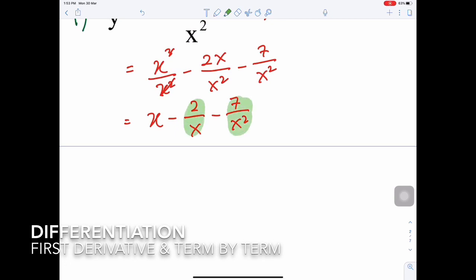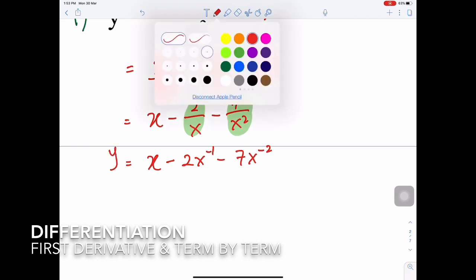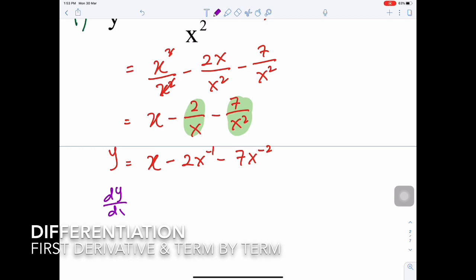These two terms we convert to negative indices. So y equals x minus 2x power of negative 1 minus 7x power of negative 2.